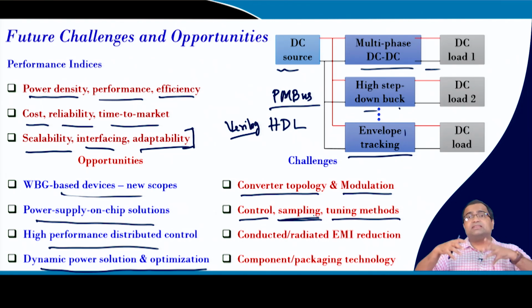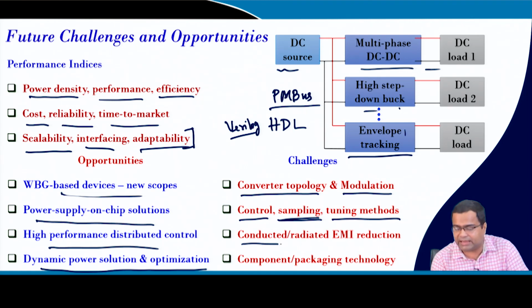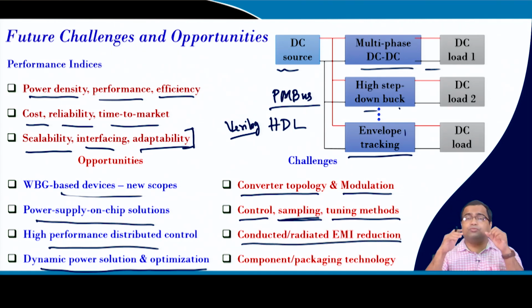So, if you are changing topology, then what kind of variable frequency control are you going to use, what should be the event that will make sure the control is stable, whether we should go for fixed frequency control, like a tuning method, then the conducted EMI and radiated EMI, like we need to go for active EMI control. That means the digital control should also take care of active EMI reduction by means of control. And finally, component packaging and technology are also going to be very important for the future.